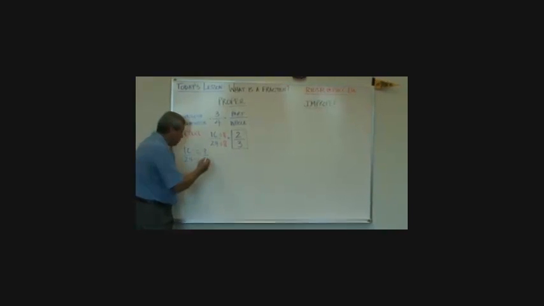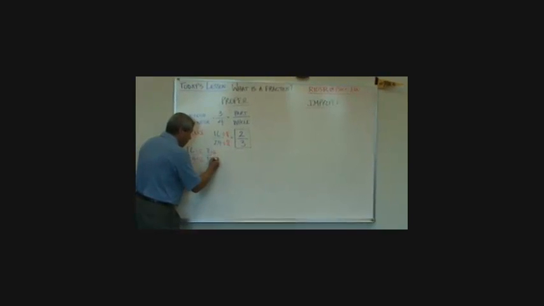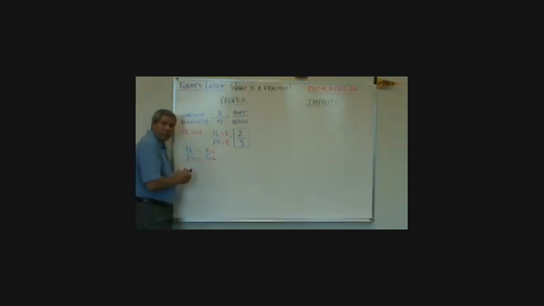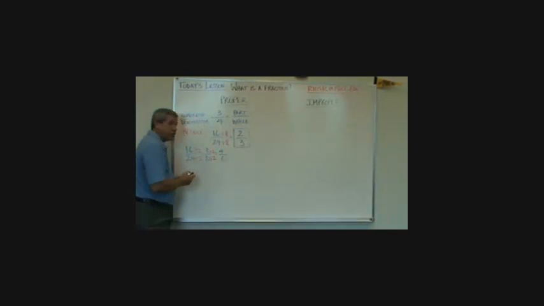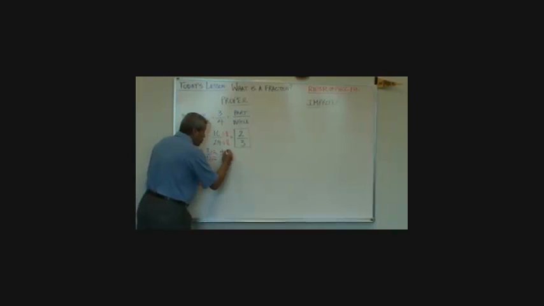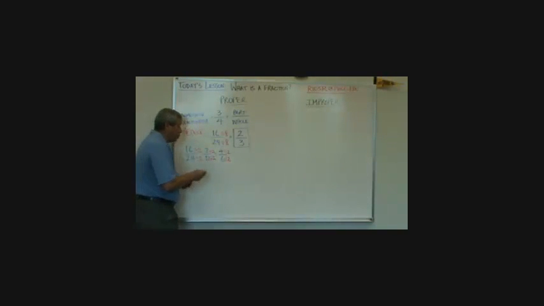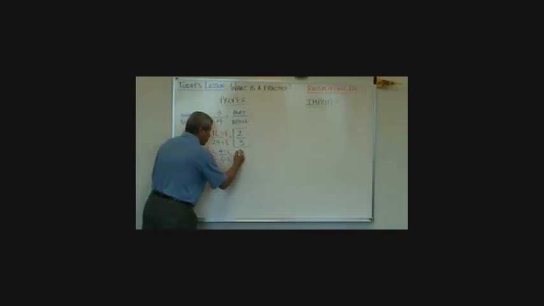Again, we can reduce by 2. 8 divided by 2 is 4, and 12 divided by 2 is 6. Okay? Again, we have even numbers, and we can reduce by 2 again. 4 divided by 2 is 2, and 6 divided by 2 is 3.